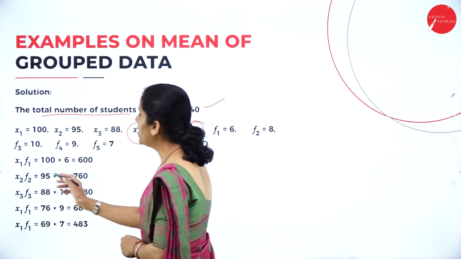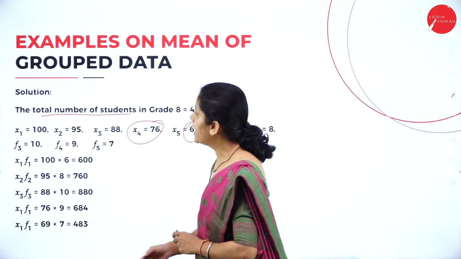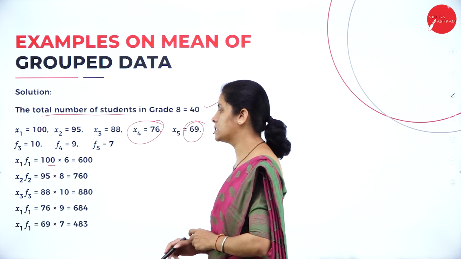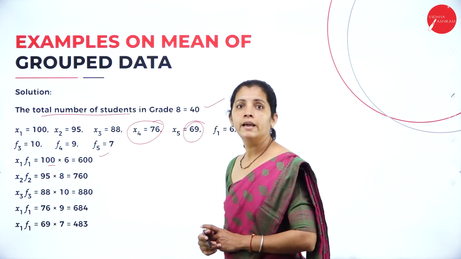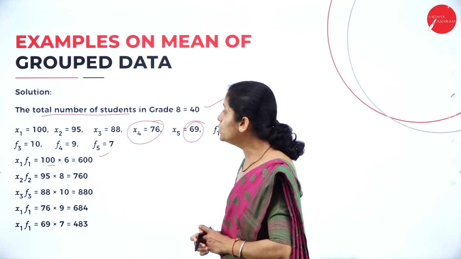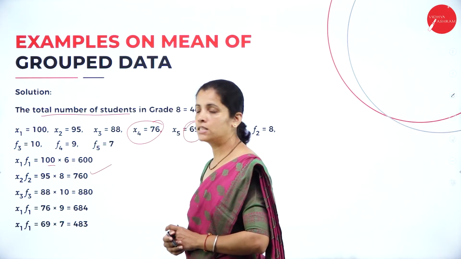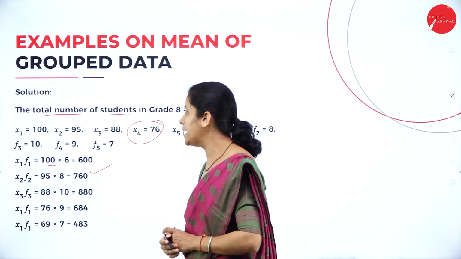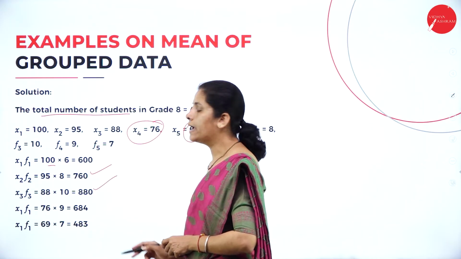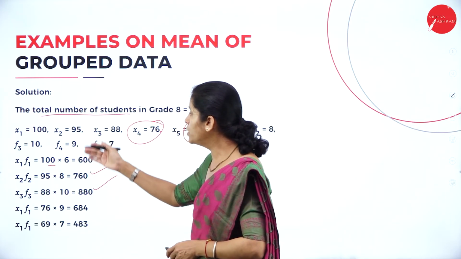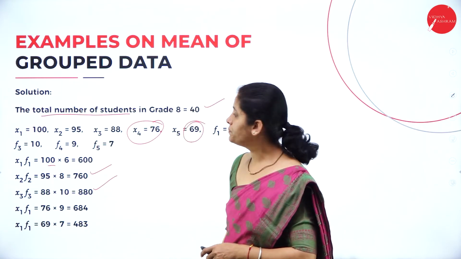Now when I multiply, x1 into F1, 100 into 6, is 600. F2 into x2, 95 into 8, is 760. x3 into f3, 88 into 10, is 880. And it is going to continue.